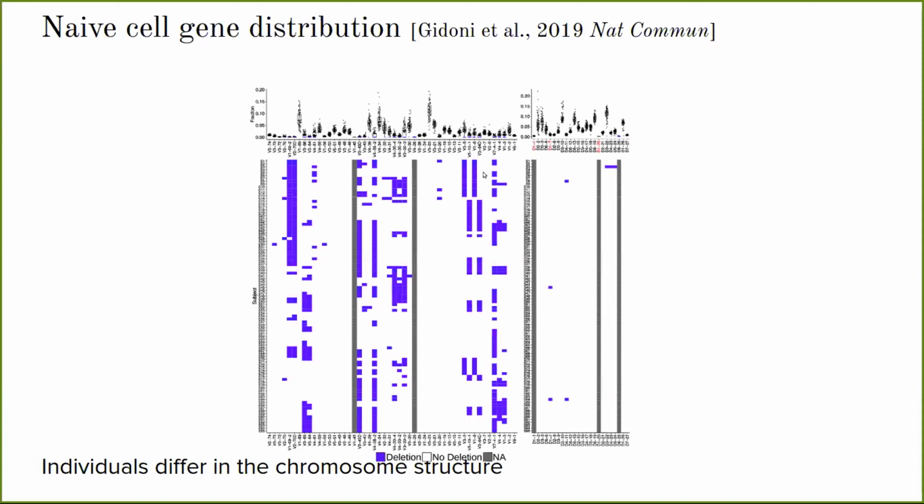For example, here we can see that there are two genes that are always deleted together. And if they're deleted together, then those two genes are not deleted, and vice versa.